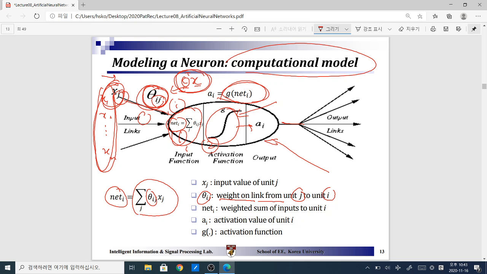The output as a result of performing this nonlinear mapping is denoted by a, let's say a sub i. This nonlinear mapping is also called the activation function. So this is the modeling of a neuron in terms of its computational behavior, or computational model.